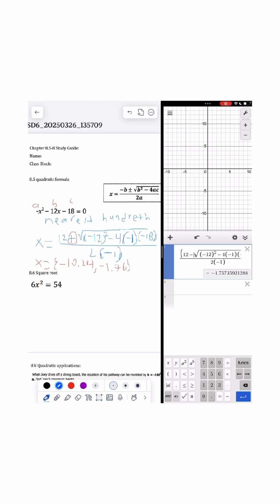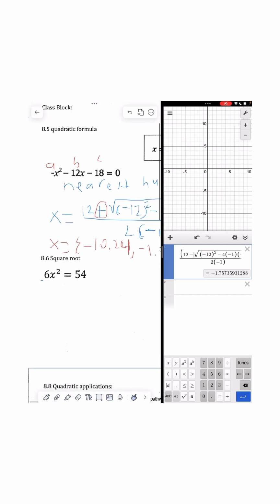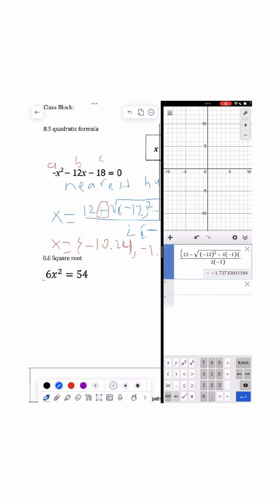Well, first I got a 6 times x squared. I need to divide by 6 on both sides of the equal sign. If my pen would cooperate, maybe if I zoom in, that might be helpful. Let's see, that will work. There we go. So I divide by 6 on both sides of the equal sign.